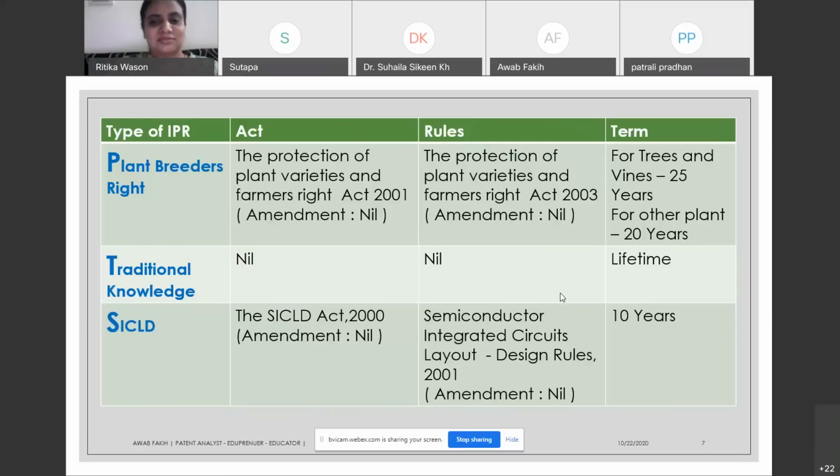The last one is semiconductor integrated circuit layout design. We have Dr. Bhuvneshwar. Amazing, perfectly.